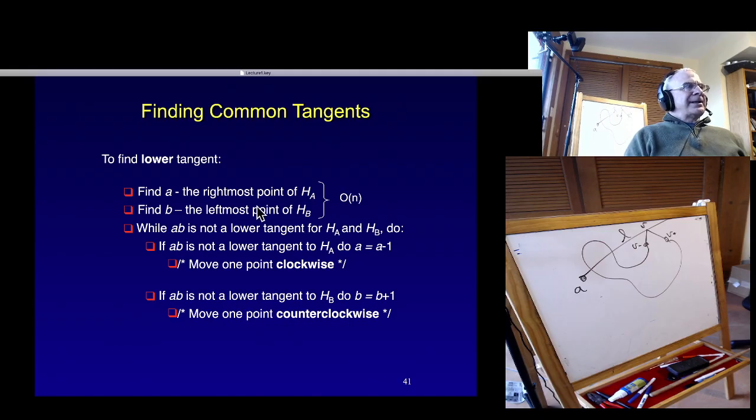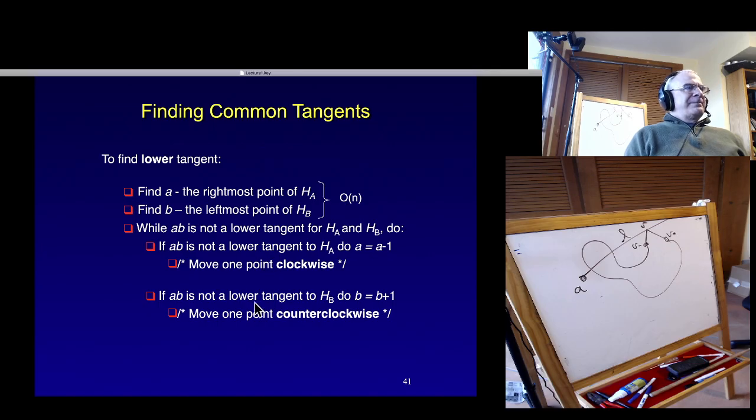After I initialize A and B, what do I do? Well, as long as the segment AB is not the lower tangent that is common to both, if the segment AB is not the lower tangent of HA, then do A equals A minus 1, which means move one point clockwise on A. You might repeat it a few times.